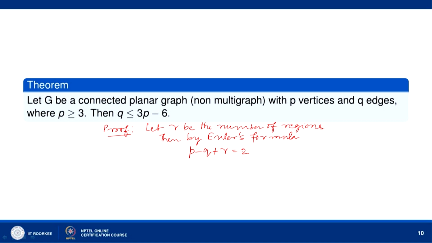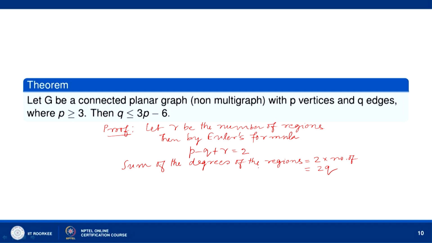Now, since the sum of the degrees of the regions is equal to twice the number of edges, we get the sum of the degrees of the regions equal to 2Q, because P is the number of vertices and Q is the number of edges.